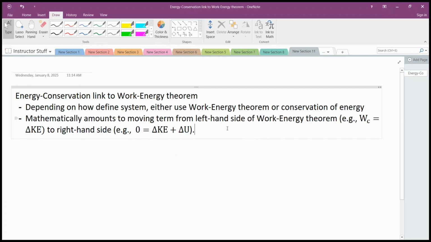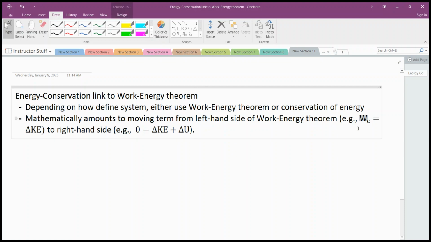Mathematically, to go from work-energy theorem to the conservation of energy, what you're doing is you're taking a term and moving it from the left-hand side to the right-hand side. So for an example, consider a system where the only work done is by conservative forces, there are no dissipative forces. The work-energy theorem reduces to our good old-fashioned work-kinetic energy theorem.